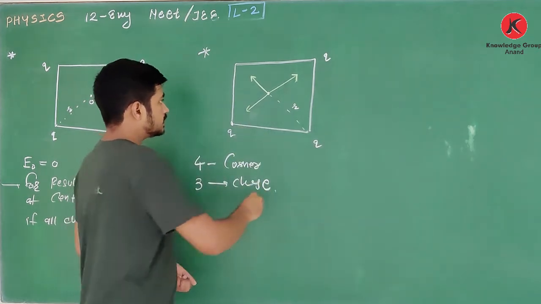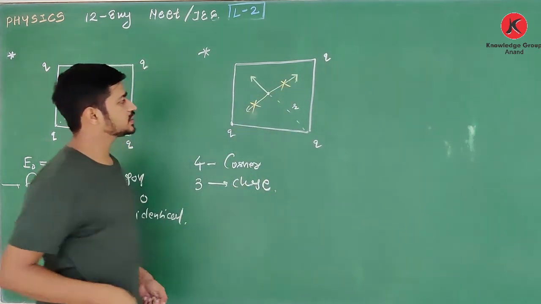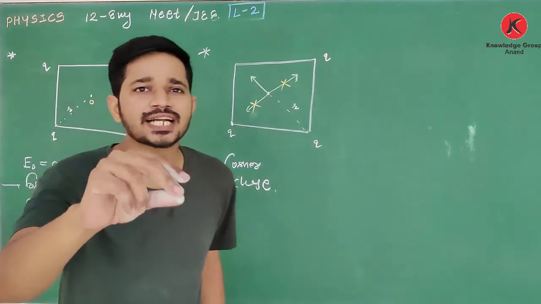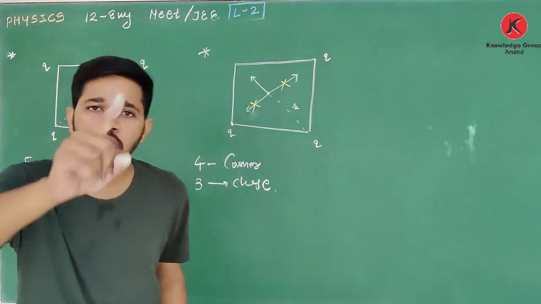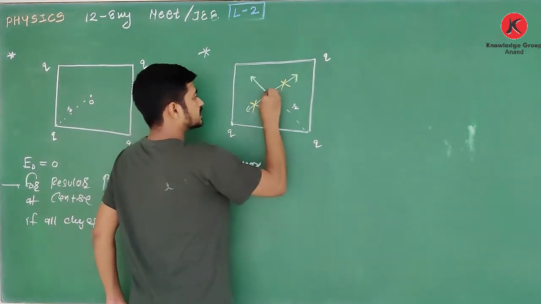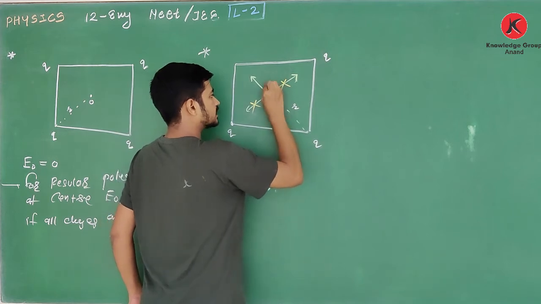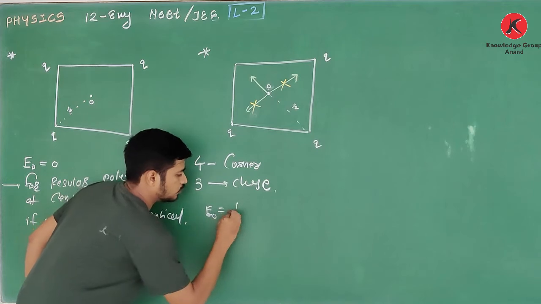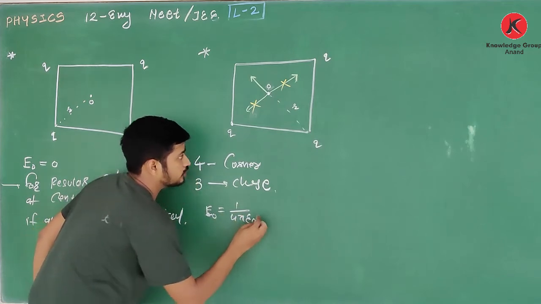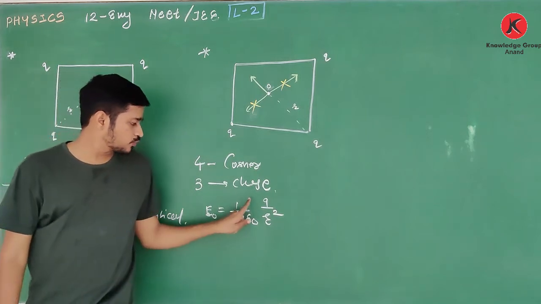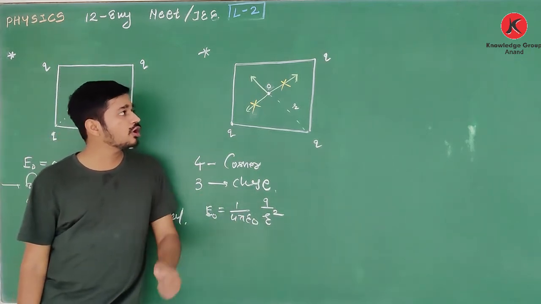So obviously, these two will cancel out each other. So at this point, the electric field is due to only one charge. So yes, at the center the electric field E0 is equal to 1 upon 4 pi epsilon 0, Q upon R square.